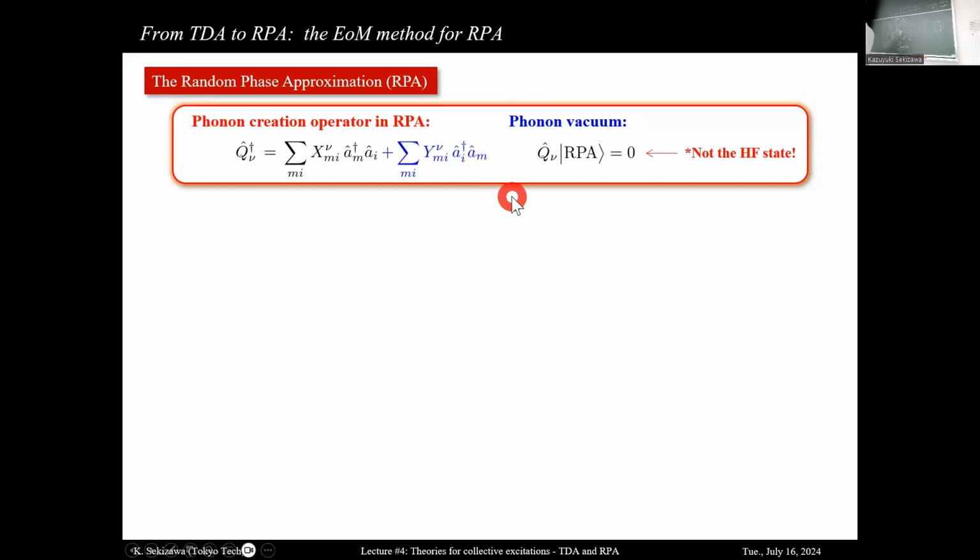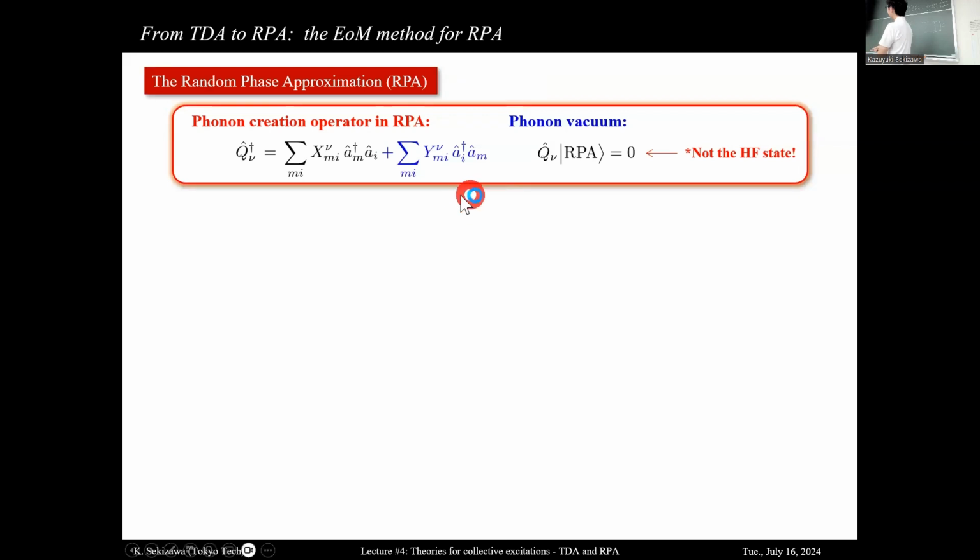As you can see, this corresponds to annihilation of the particle state and creation of the hole state. So if you operate this onto the Hartree-Fock state, it is 0. But after particle excitation, you may have some particle states on top of the Hartree-Fock ground state and hole states below the Hartree-Fock ground state.